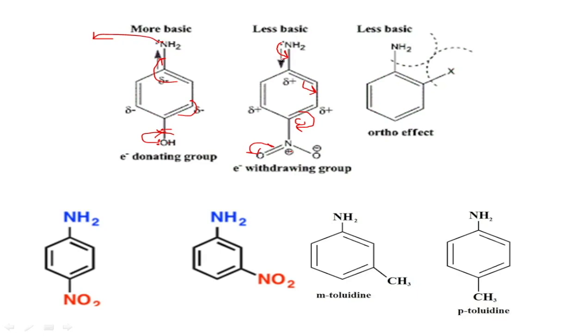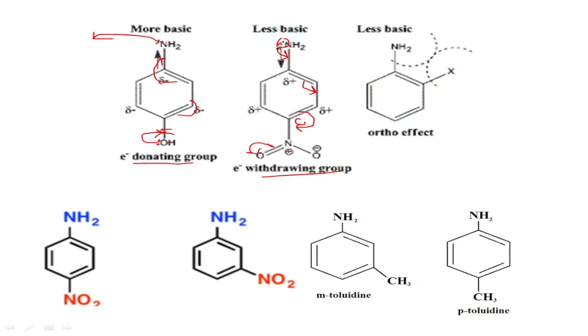The difference is that an electron donating group pumps electrons to the ring, so the lone pair of electrons becomes more available for donation, and the basicity increases. However, an electron withdrawing group pulls electrons to its side, so this lone pair of electrons is not free.